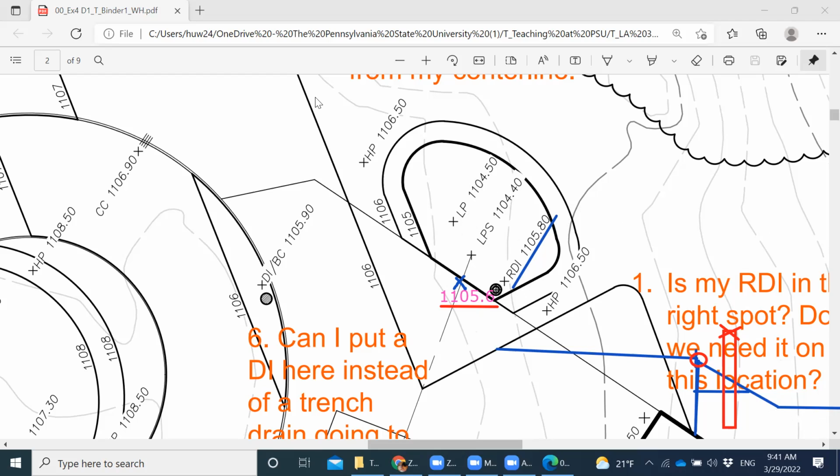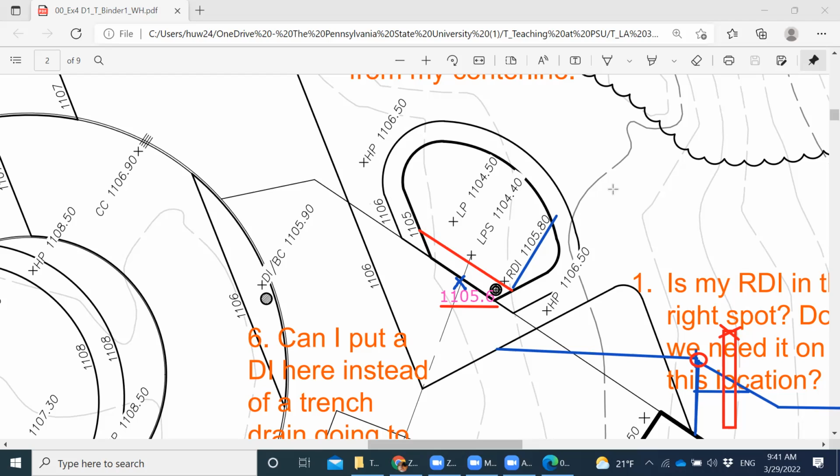And I would recommend closing your contour off like this so that you have another 1106, because of the need to have a berm. I can kind of understand that. Yes, you would have, but your 1106 would not.